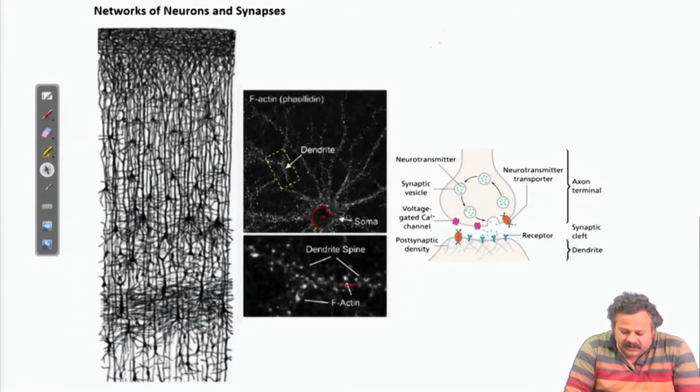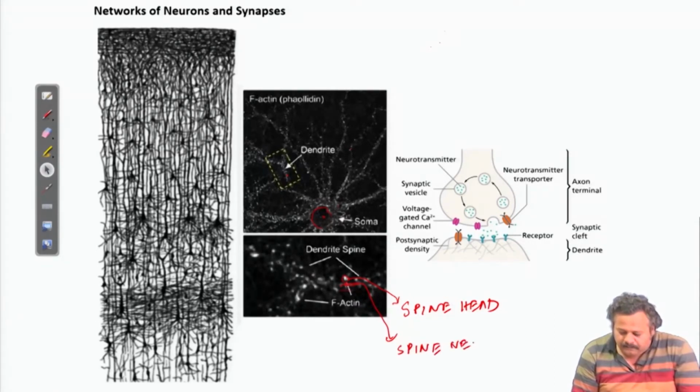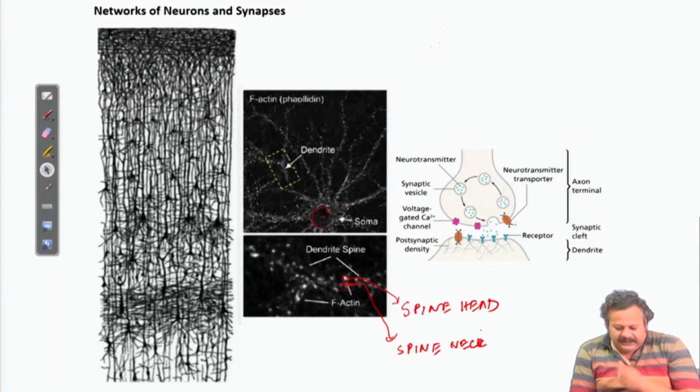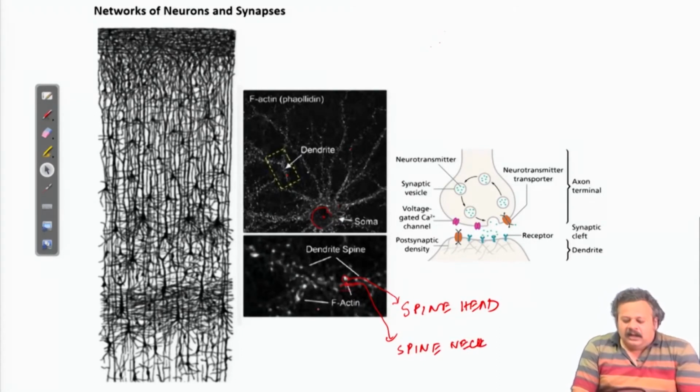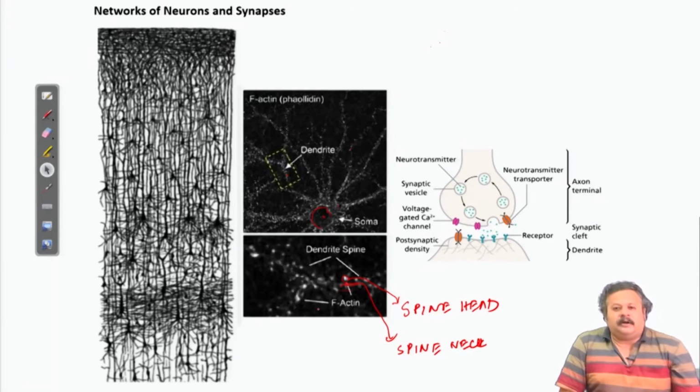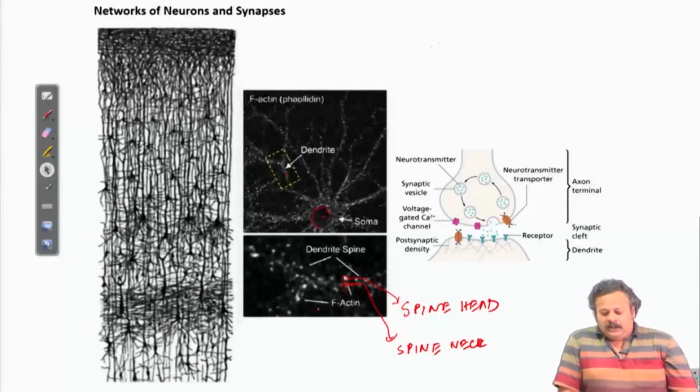Here is the dendrite going through, and on top of it there is a spine like so. This part is the spine head, and this part is the spine neck. And as you can see, there are an immense number of spines that are formed. Each of those are sites of synapses.